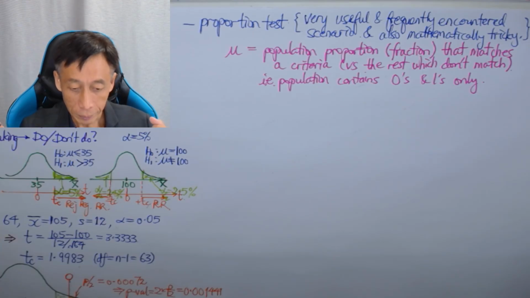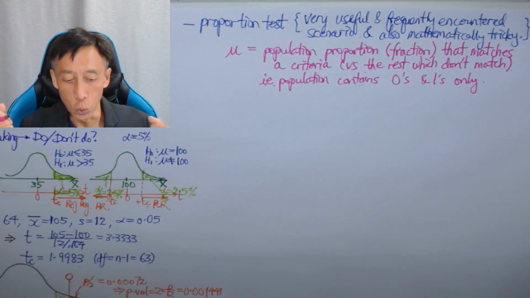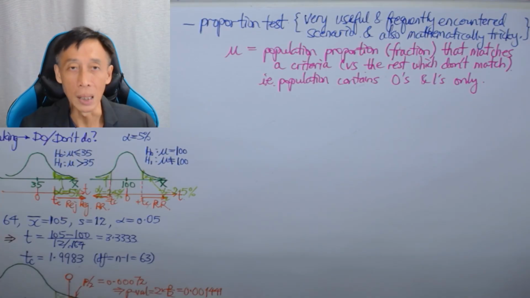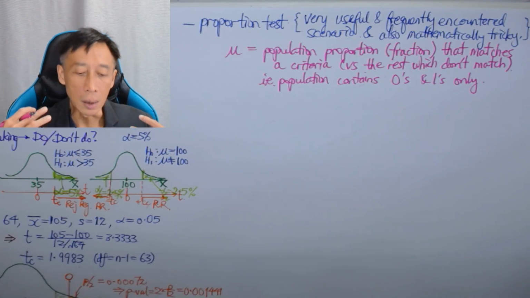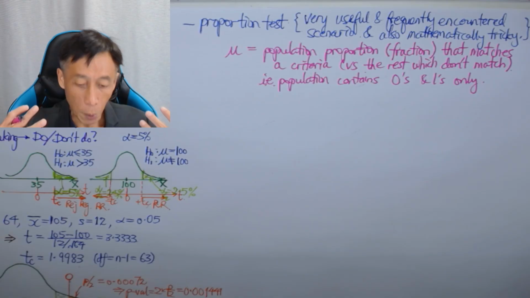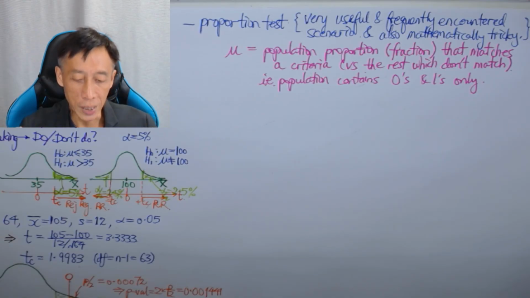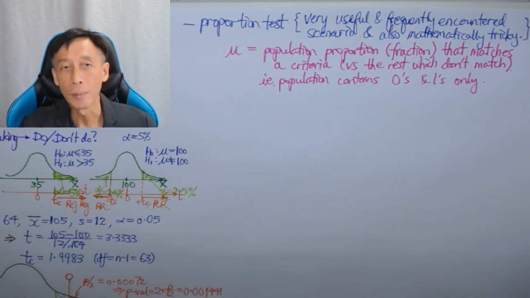Where do we see them? For example, if you talk about a city of say 10 million people, what is the population proportion of people who own a car, at least one car? So that's yes or no. Whether a person owns a car, yes, so you put a 1.